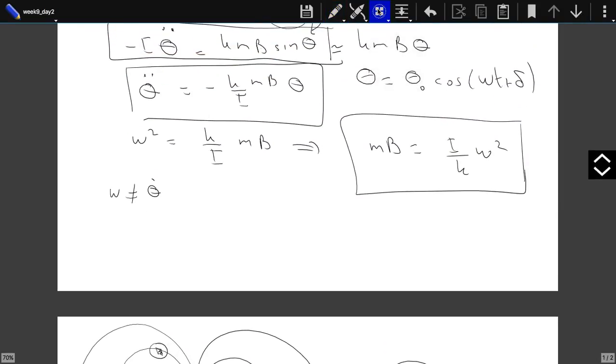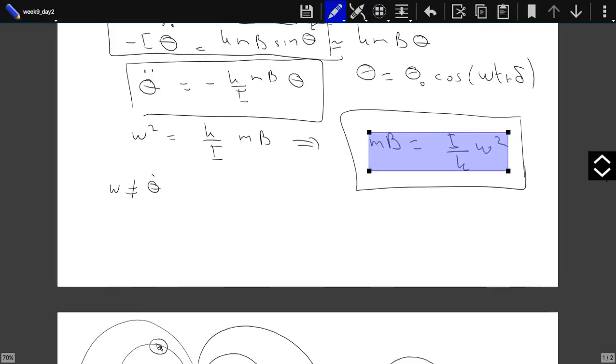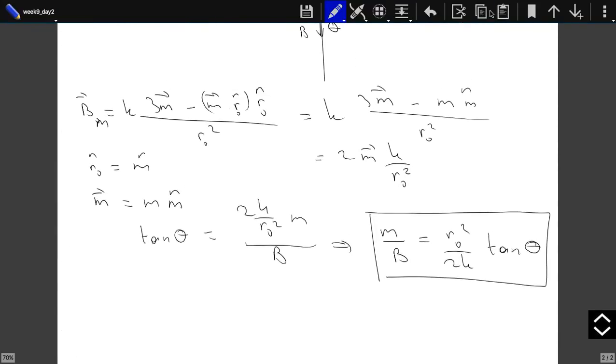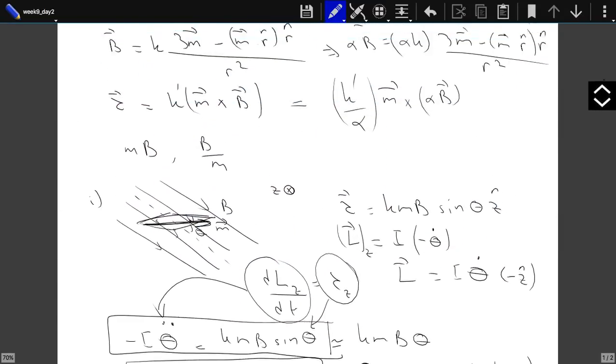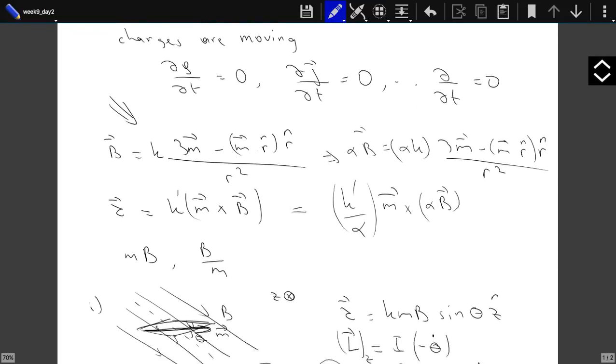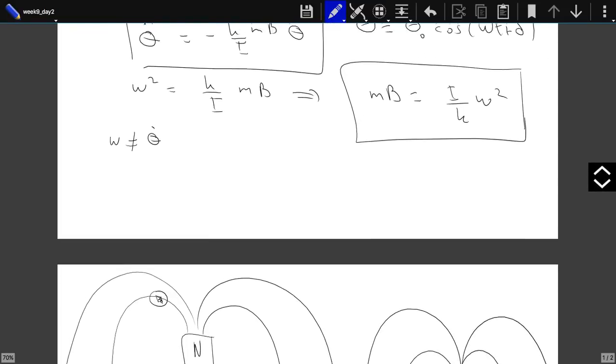Let's go back. We already know M times B. Well, one of them should be K prime. Torque is K prime.